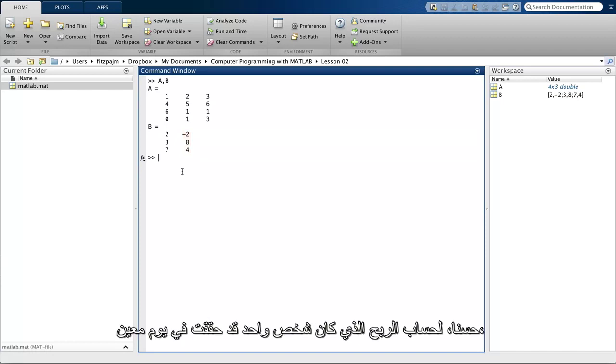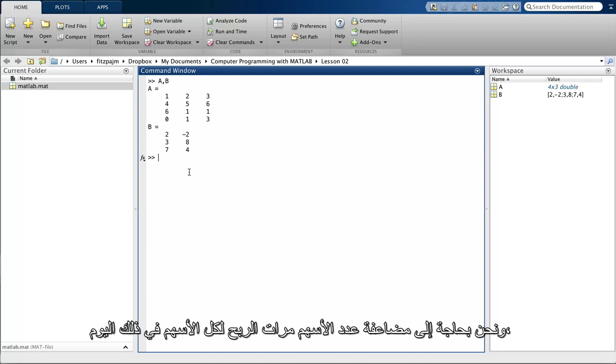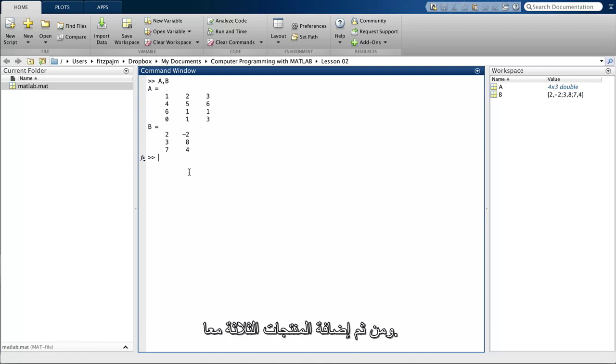Well, to calculate the profit that one person would have made on a given day, we need to multiply the number of shares times the gain for each stock on that day, and then add the 3 products together.